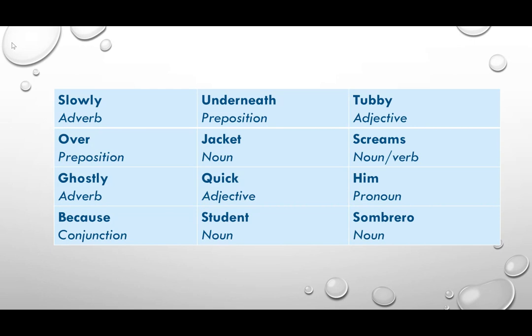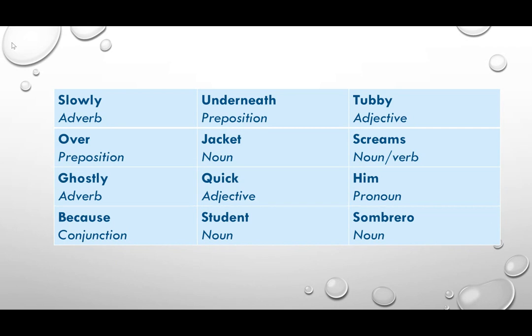Okay, so slowly is an adverb. It would describe how you would be doing something. So you would be doing it slowly. Underneath is a preposition. It describes a position of something. So the socks were underneath the bed. Tubby is an adjective. It means fat, sort of plump. So that would describe somebody or something.